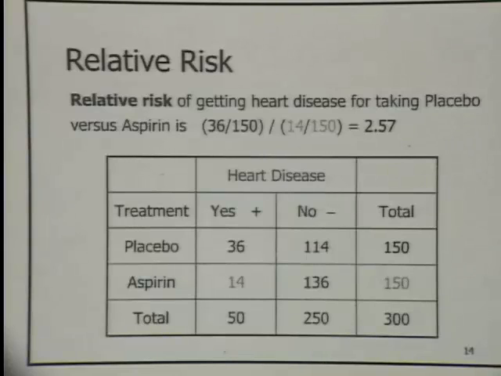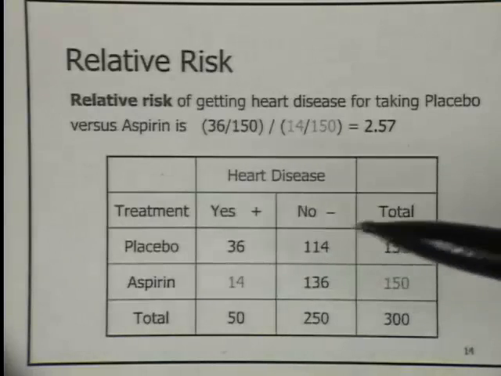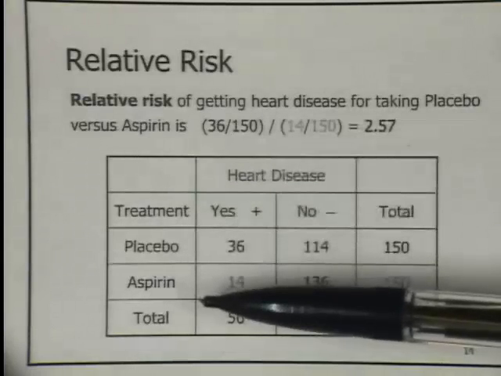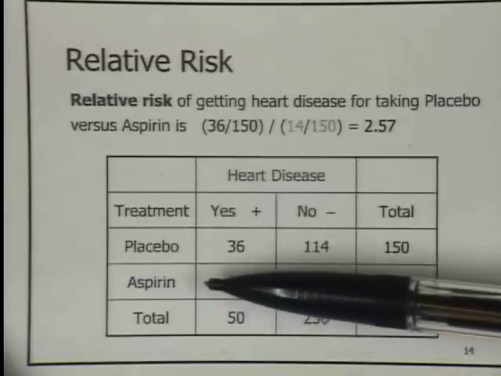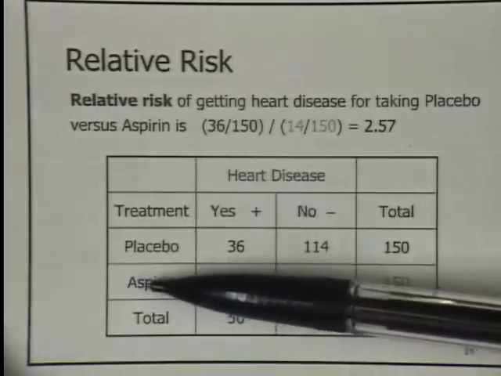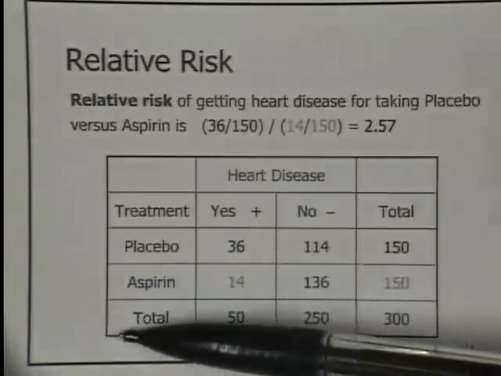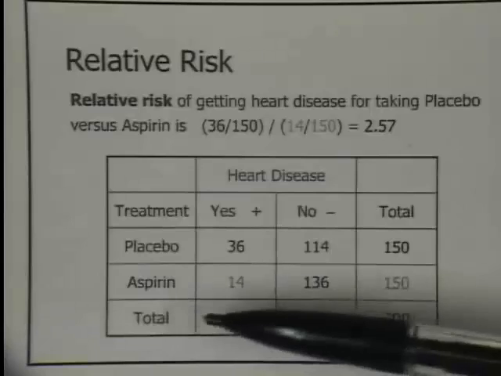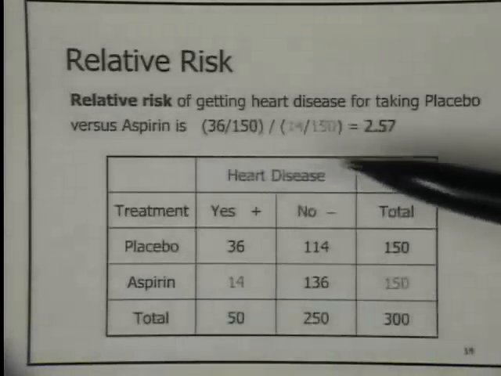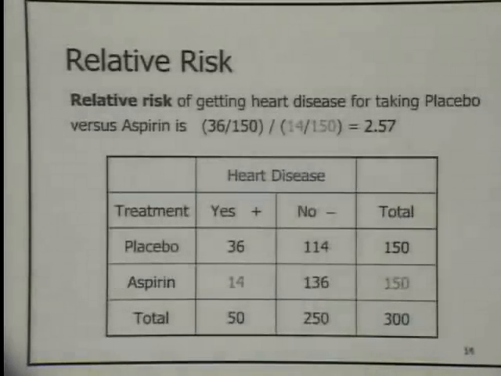If this is a cohort study, a prospective study, usually people will look at the relative risk, which is the ratio of the probability of having disease in this case, right? So the chance of the placebo group to have disease is 36 out of 150. The chance of the aspirin group to have disease is 14 out of 150. The ratio of that is 2.57.